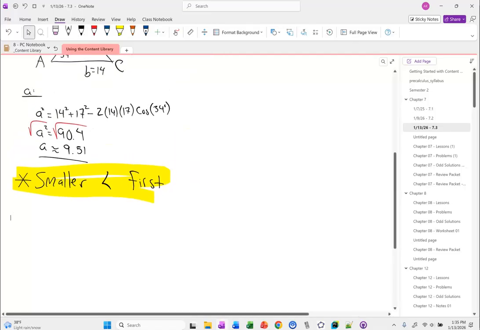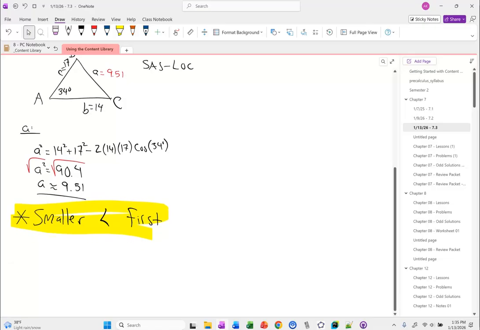If we go back and we look at our triangle, which angle is going to be the smaller of the two? Angle B or angle C? Angle B, good. Why, Rico? Good. Yeah, because angles and sides are proportional. Since side B is shorter than side C, angle B is going to be smaller than angle C. Everybody feel good there?